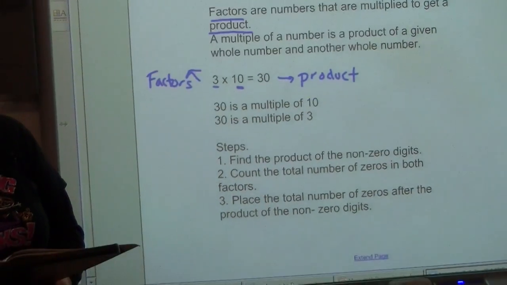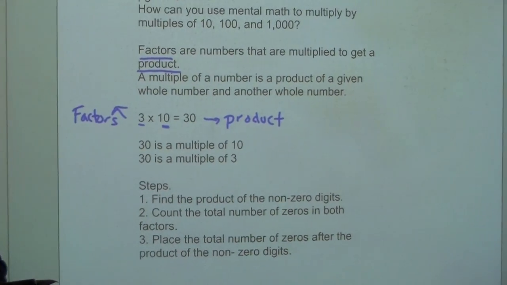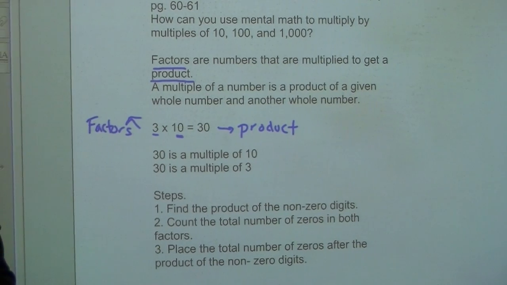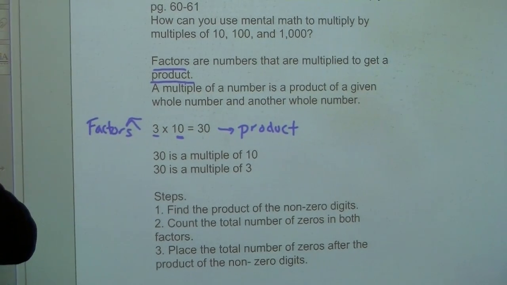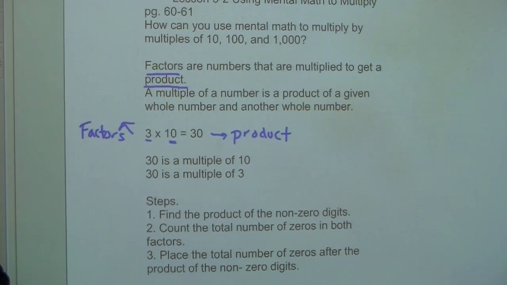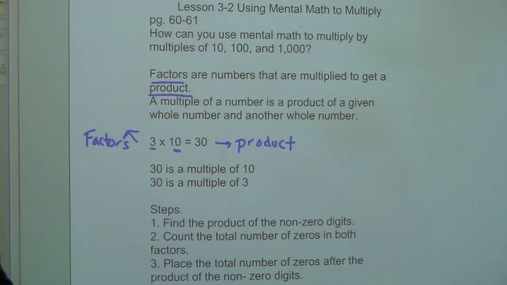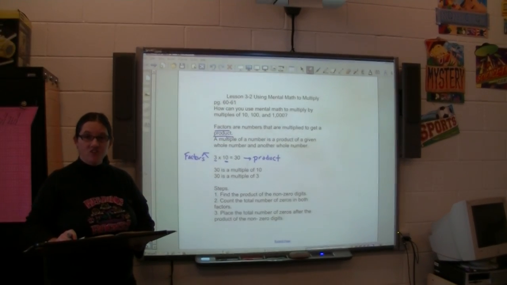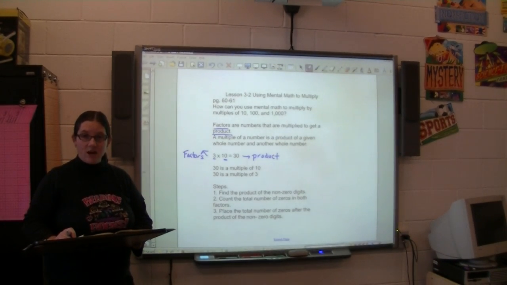Then you'll see they have a chart that says notice the pattern. I'm going to read this to you and go through the steps, and then we're going to write out both together. You have your basic fact of 5 times 7 equals 35. Then you will see 50 times 7. But what is still your basic fact? 5 times 7, good.